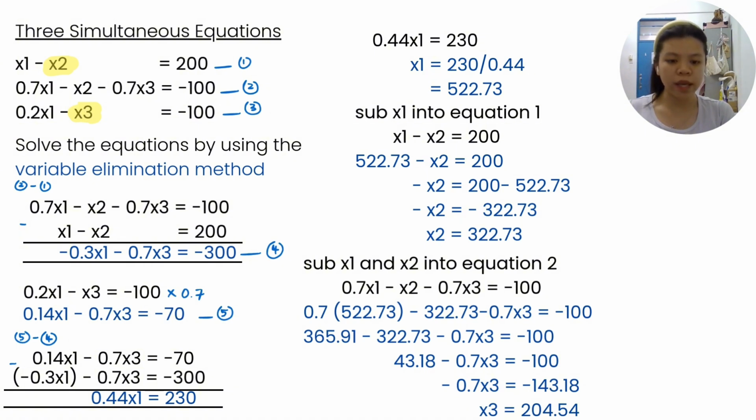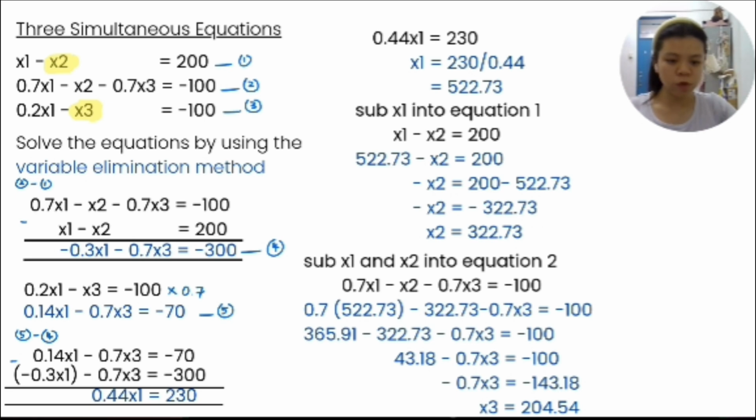After subtracting, we will get 43.18 minus 0.7x3 equals negative 100. So negative 0.7x3 equals negative 143.18. And after that, we will get x3 is 204.54.